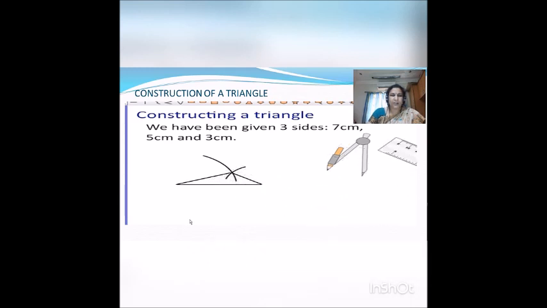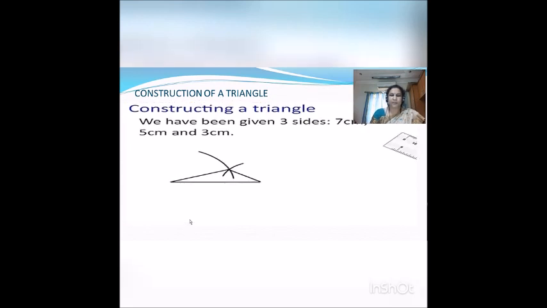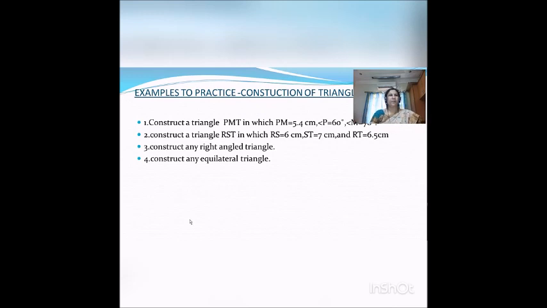So this way you can draw a triangle with given measures. You can practice these examples for construction of triangle.